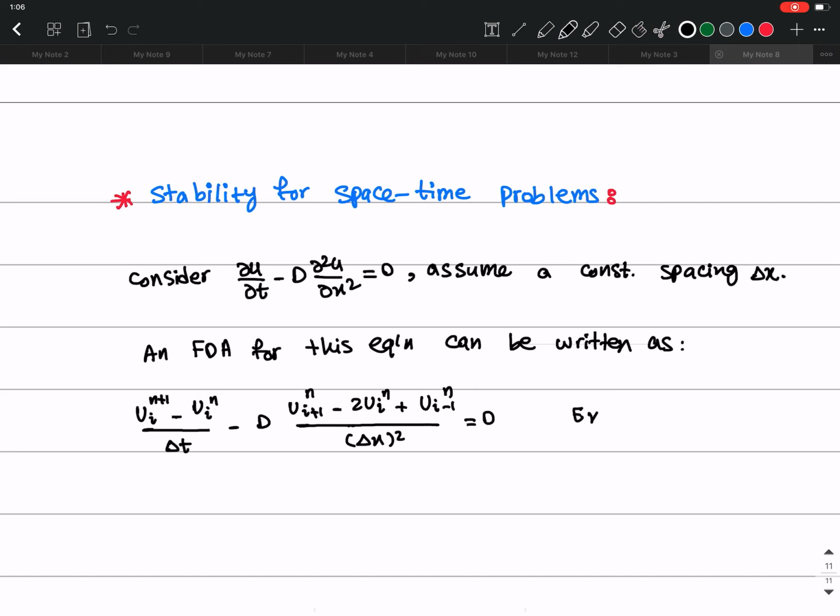And this is an explicit Euler method, right, for time marching.